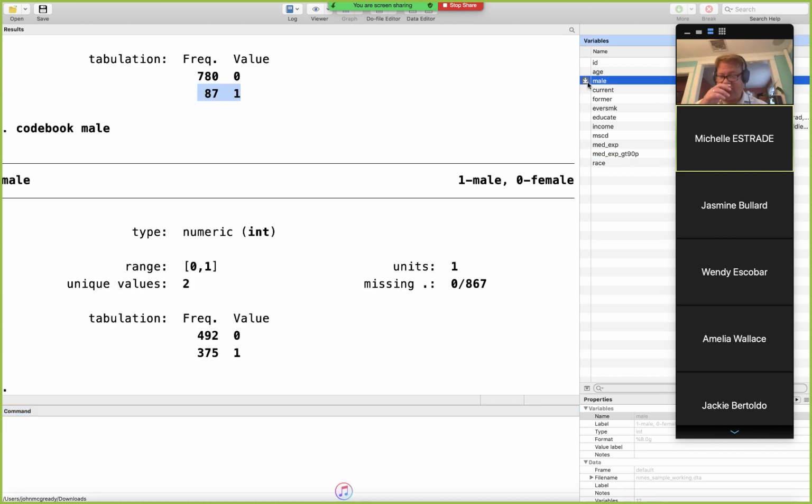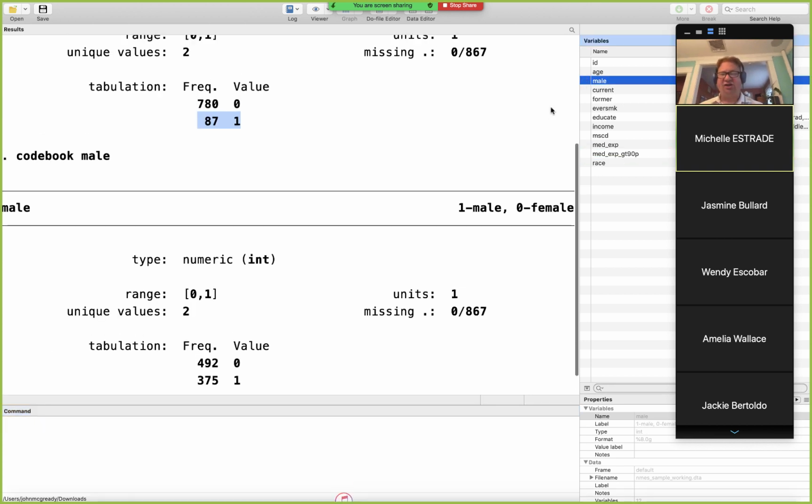And so if you were in class last week and I said let's compare the proportions, nothing fancy, don't worry about confidence intervals or measures of association yet, just give me the proportion of males and the proportion of females who have high medical expenditures.